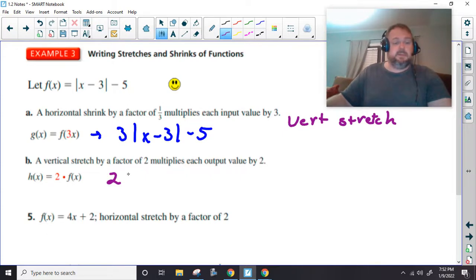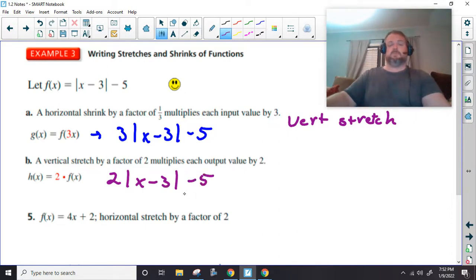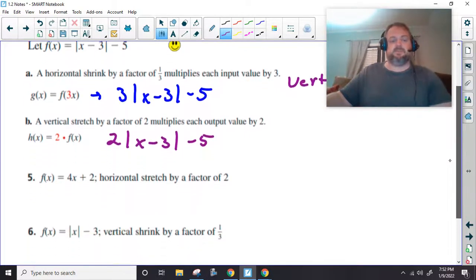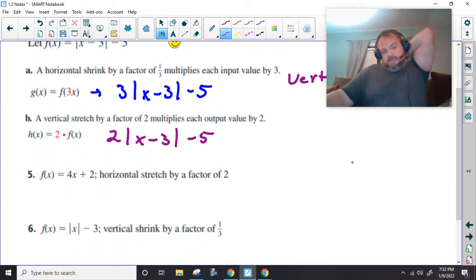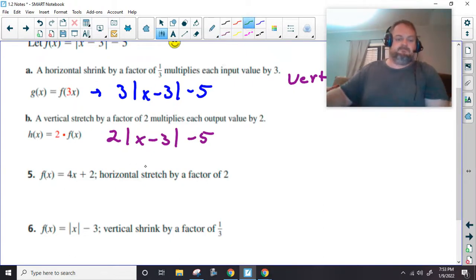Okay. We're just going to multiply. There we go, we're multiplying it. All right. So this says a horizontal stretch of this. To me, a horizontal stretch is the same thing as a vertical shrink. So vertical shrink, we're going to multiply this by 1/2.